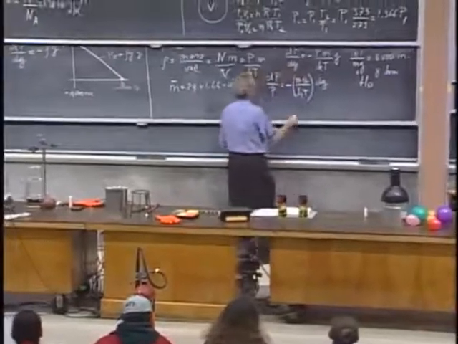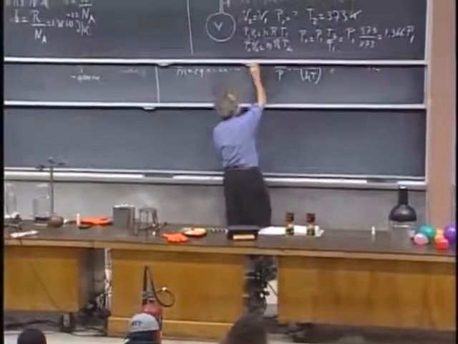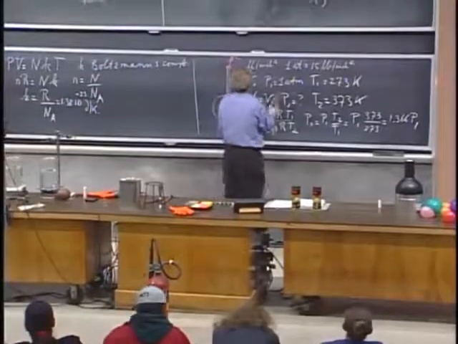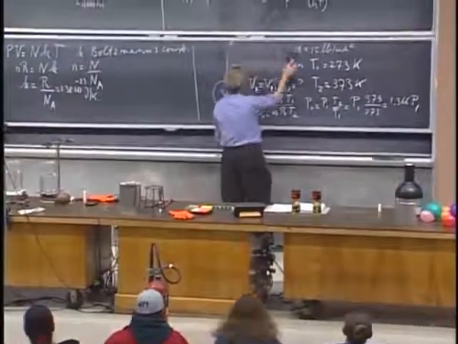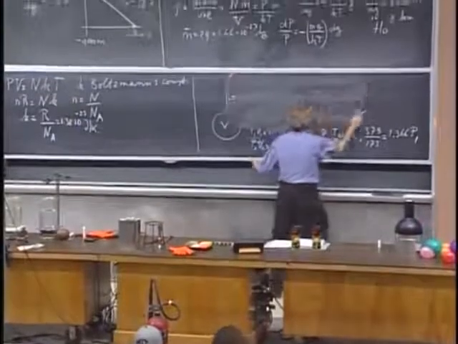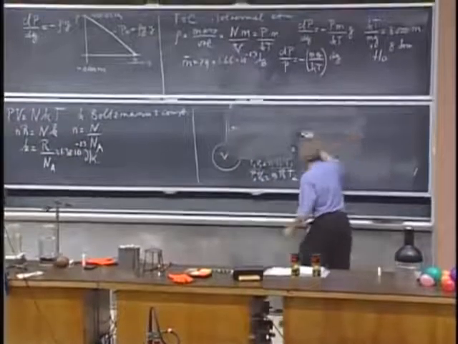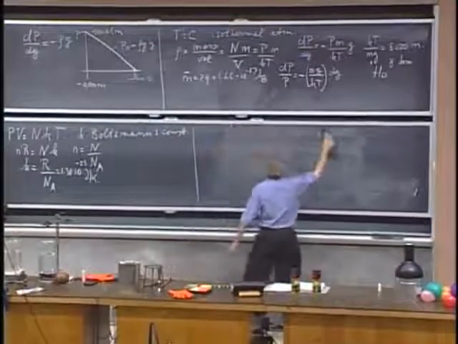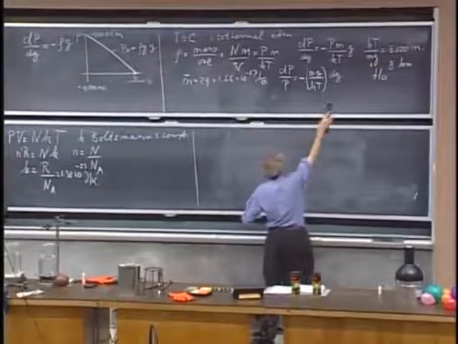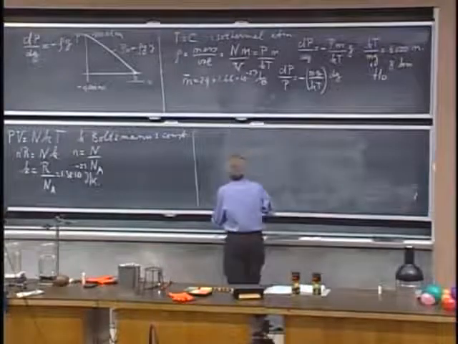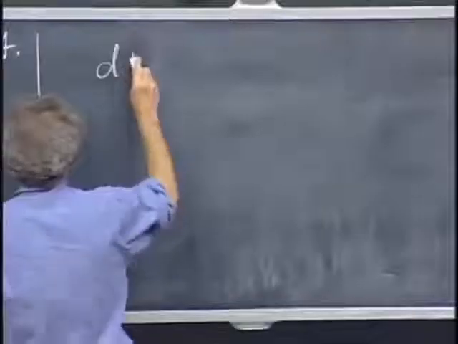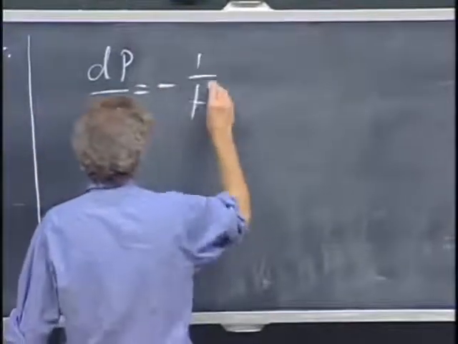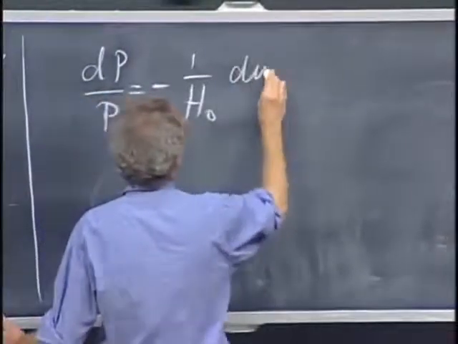So I will rewrite this a little. We're almost done with our integration. So I will rewrite the equation and introduce for that constant 1 over H0, because remember, I turned it upside down there to get length. So we have dP over P equals minus 1 over H0 times dy.